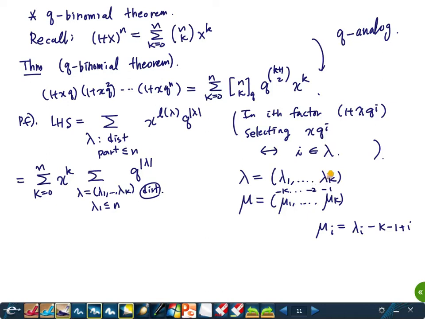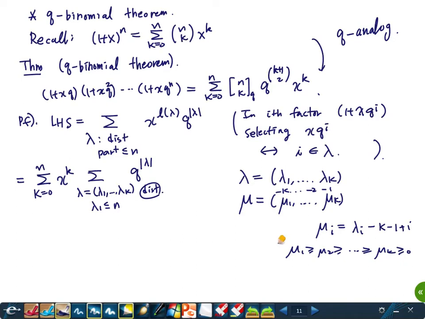But anyway, the idea is you subtract these numbers in increasing fashion so that this no longer has the distinct condition. And what is the condition here? Mu 1 is greater than or equal to mu 2, we don't have strict inequality. Mu k, now it can be 0.